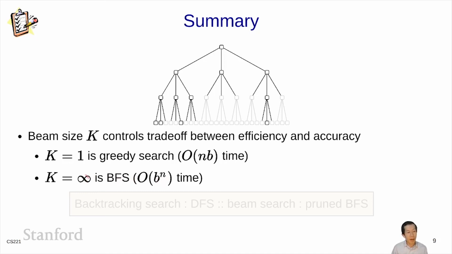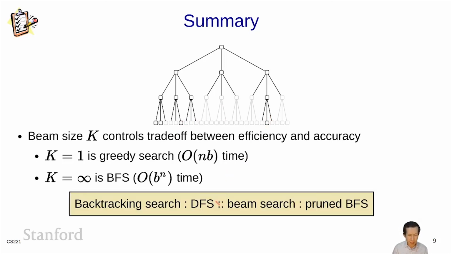One thing to note about beam search with k equals infinity is that it is performing a breadth first search of the tree, because it proceeds level by level and explores all the nodes in the tree systematically. Using this analogy, I want to end with a final note, which is that backtracking search is really like doing a depth first search on the search tree.